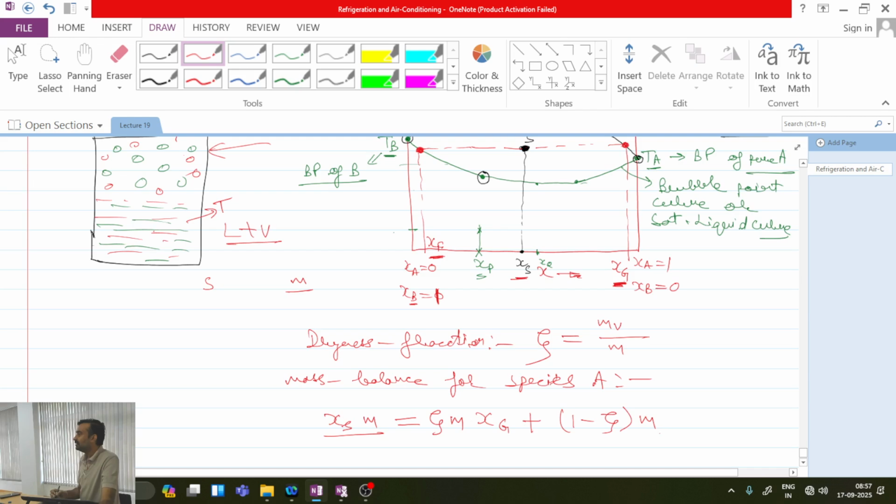This is the liquid mass in this mixture. And what is the composition of species A in the liquid? Xf, so multiplied by Xf.